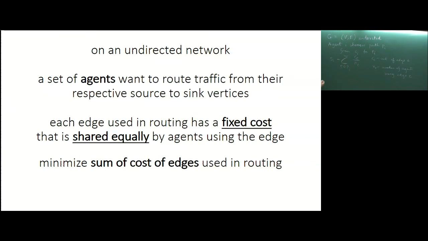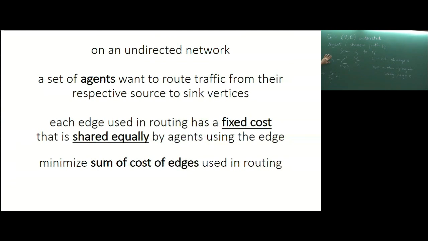And my goal, or the overall objective, is to minimize total cost. So I want to minimize the total cost, which you can denote in multiple ways. You can think of this as the sum of costs of all the agents.